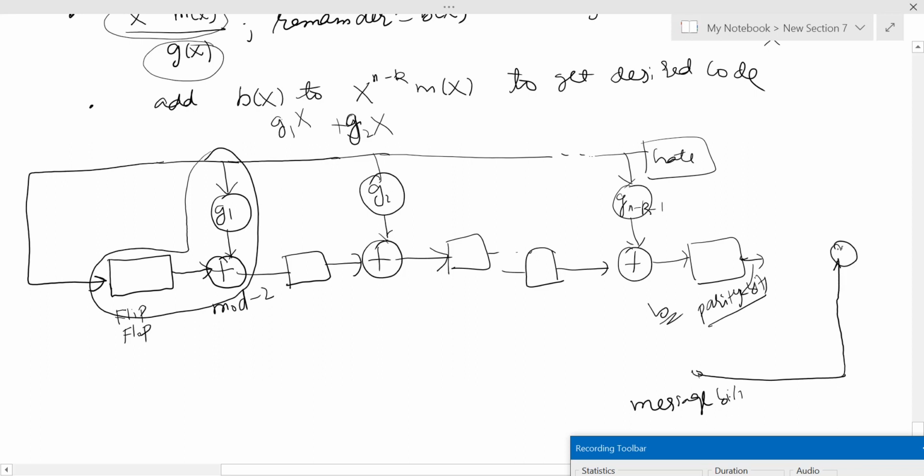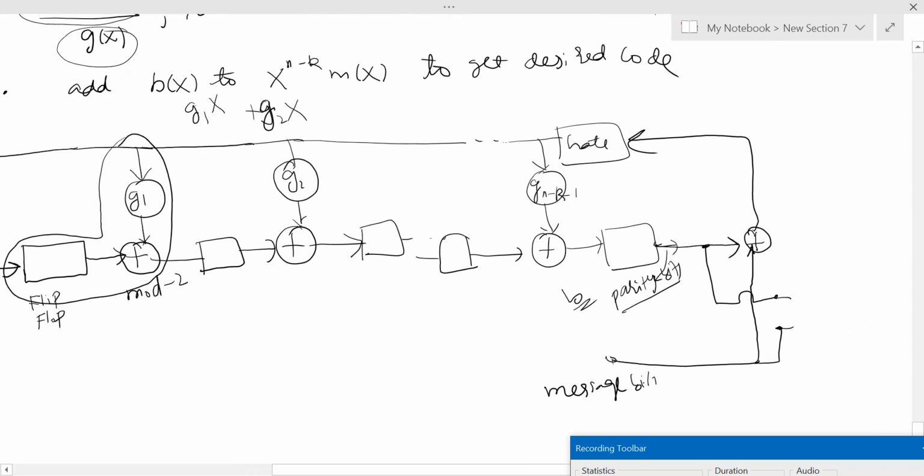First of all, they will be directly fed here, and these parity bits will be added to the message bits, right? And you will get parity bits here and message bits here, and here you will get the code.